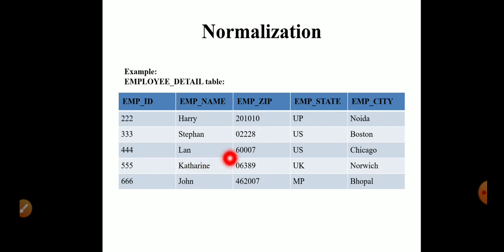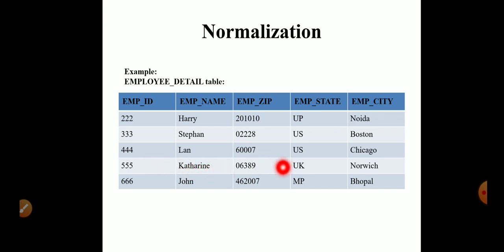All the others, employee name, employee zip, employee state, employee city, are non-prime attributes. The non-prime attributes, that is employee state and employee city, are transitively dependent on the super key, that is employee ID. It violates the rule of third normal form.